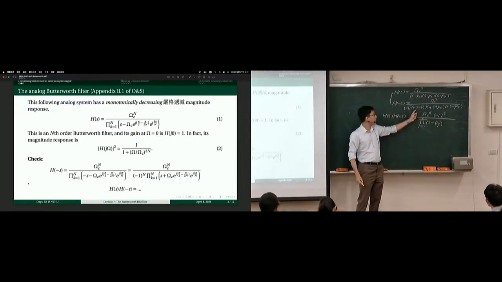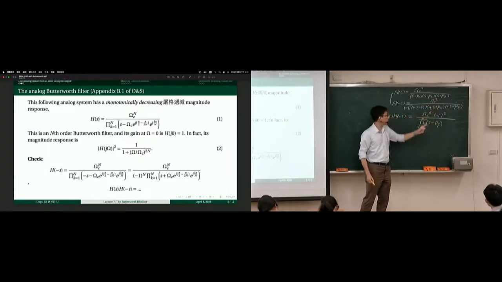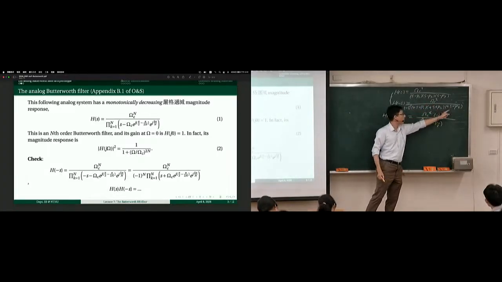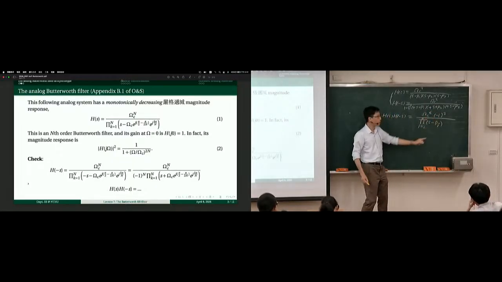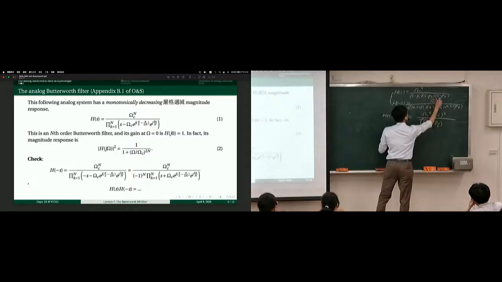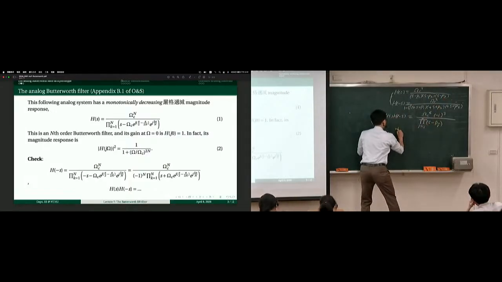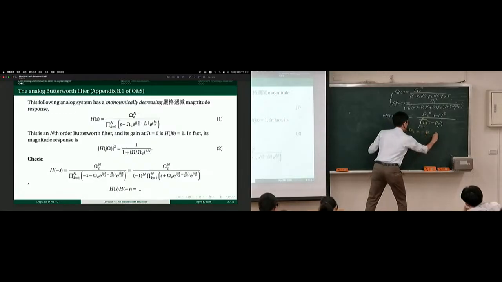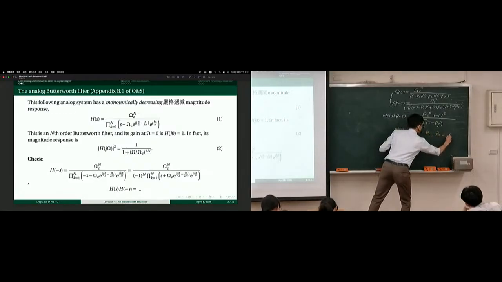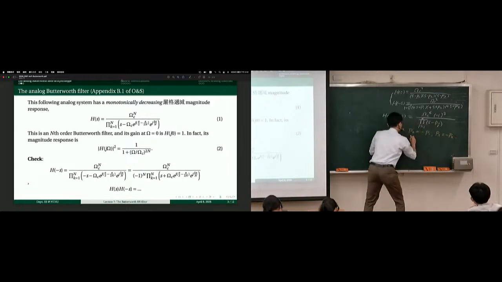We have 1, 2, 3 poles already, and the 4th one, 5th one, 6th one, in total 6 poles, where p1, p2, p3 are like that, and p4 is just minus p1, p5 is minus p2, and p6 is minus p3.